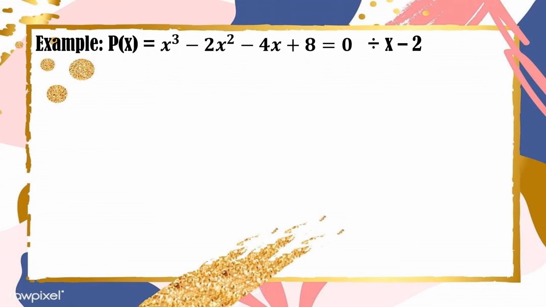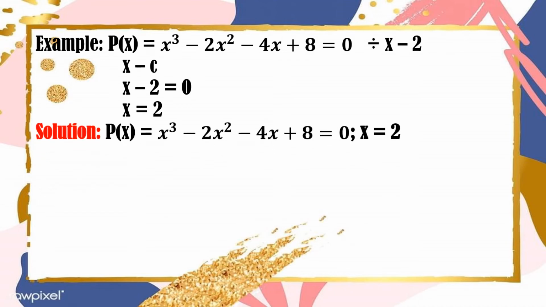For example, p of x is equal to x cubed minus 2x squared minus 4x plus 8 equals 0, divided by x minus 2. x minus c will become x minus 2 equals 0. Then x is equal to 2. Solution: p of x is equal to x cubed minus 2x squared minus 4x plus 8, where x is equal to 2. So this time we're going to substitute the value of x, which is 2, into the polynomial equation.